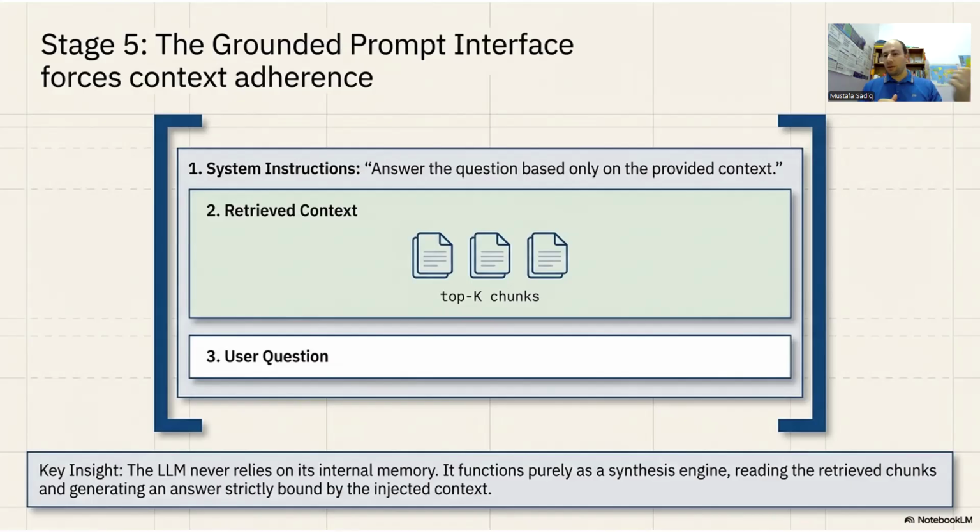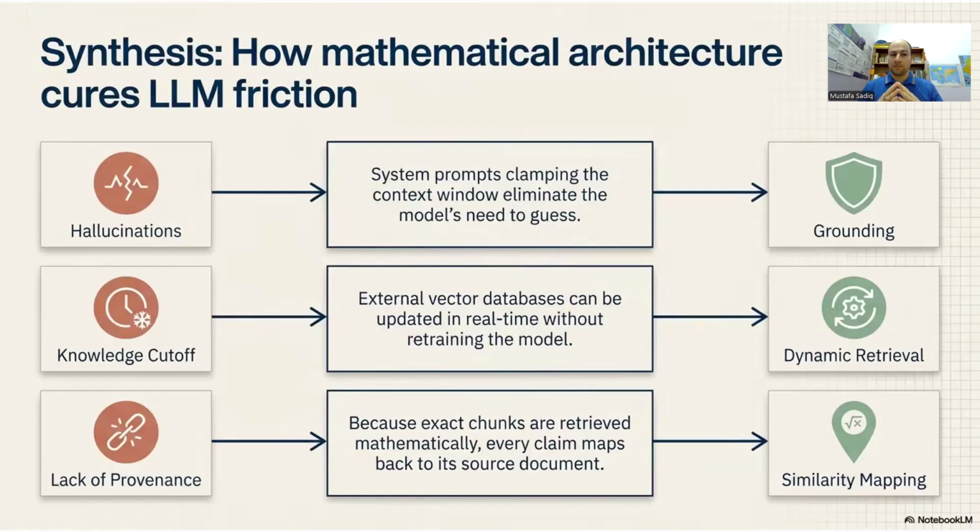Then we retrieve the context, the top K chunks, from the external database. Then we use the user question to find the closest chunks to this question, where the large language model will never rely on its internal memory. It functions purely as a synthesis engine, reading the retrieved chunks and generating an answer strictly bounded by the injected context from the user, of course.